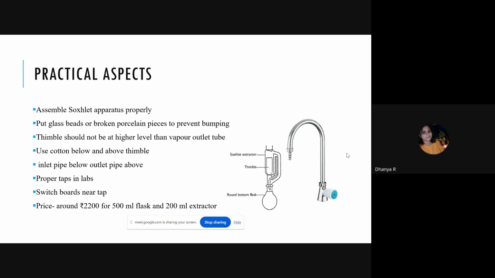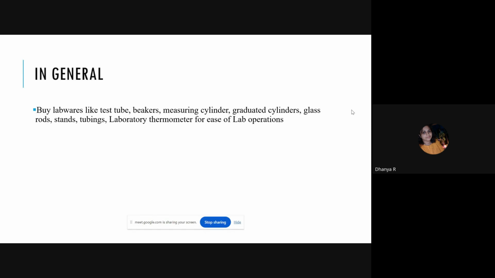The price of the Soxhlet apparatus is 2,200 for a 500 ml flask and 200 ml extractor. In general, the practical aspects you should look into are that you should be buying labwares, though they may not be mentioned in the MSR.